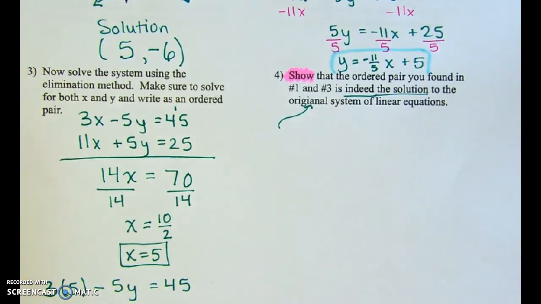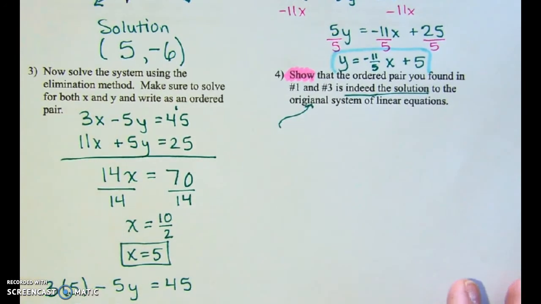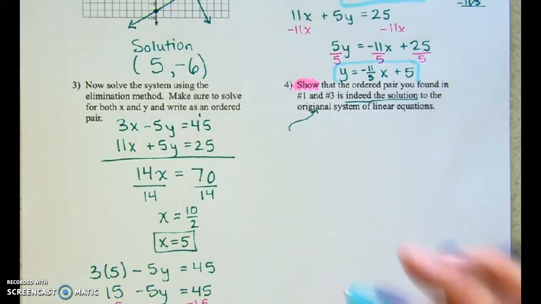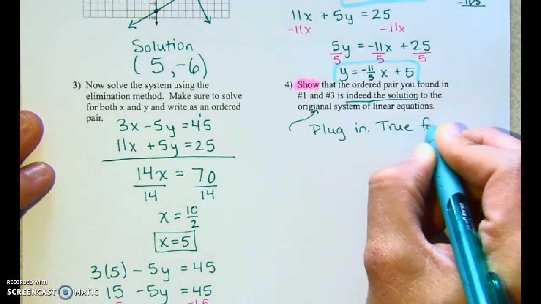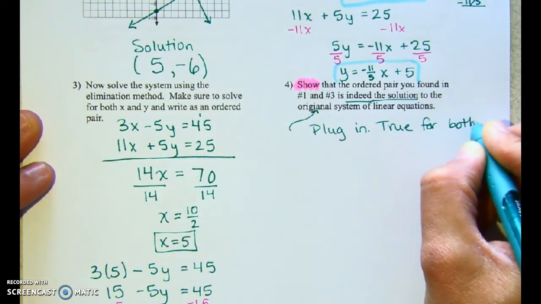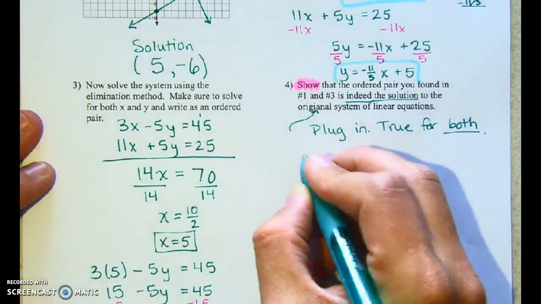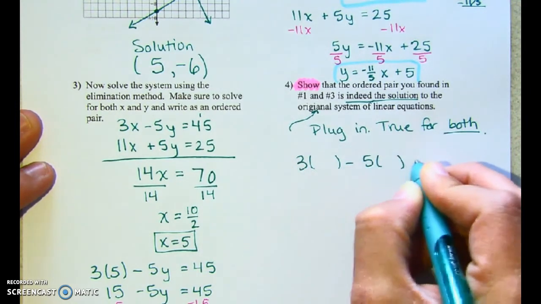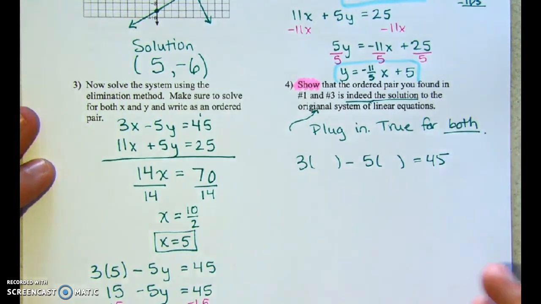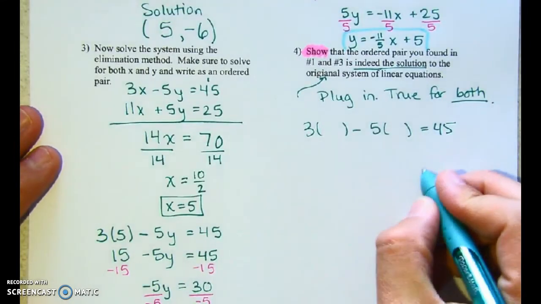How do we show that an answer is a solution to a system? You have to plug them in and it has to be true for both. So you can't just plug into one, you got to plug them into both. So here we go. 3x minus 5y equals 45, and we're going to show that that's a true statement.